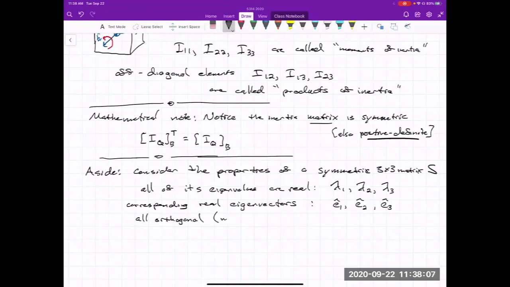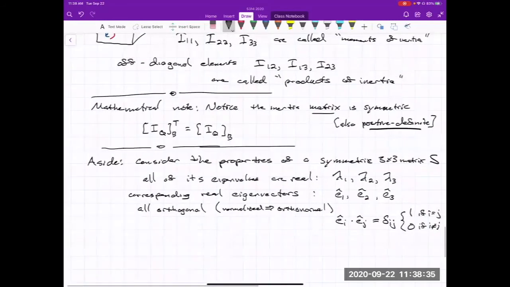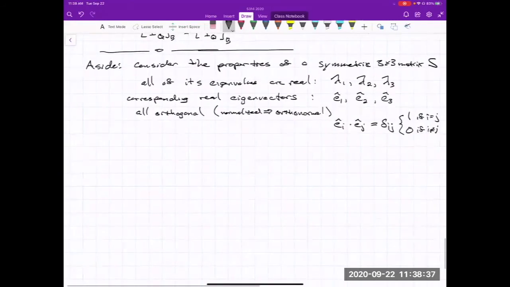Being normalized, equal to unity, means that they are orthonormal. What does orthonormal mean? It means that if you take Ei and dot it with Ej, the usual dot product, this is going to be the Kronecker delta. So it's 1 if i equals j, and it's 0 if i does not equal j. That means they are orthogonal to each other.